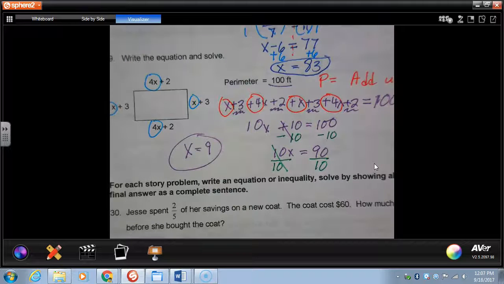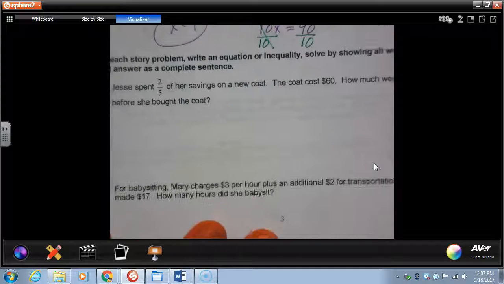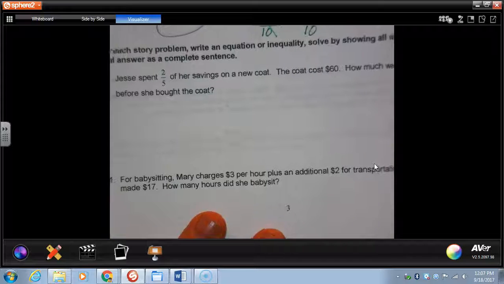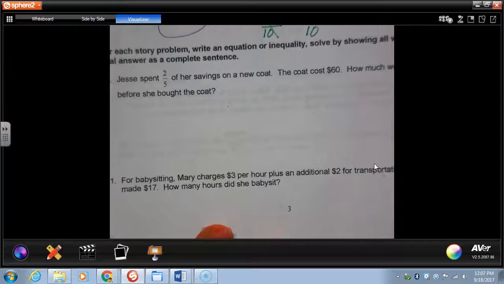Then we did our word problems. Got a few word problems on the test. I'll set number 30 up for you. Jessie spent 2/3 of her savings on a new coat. The coat cost $60. How much were her savings before she bought the coat?